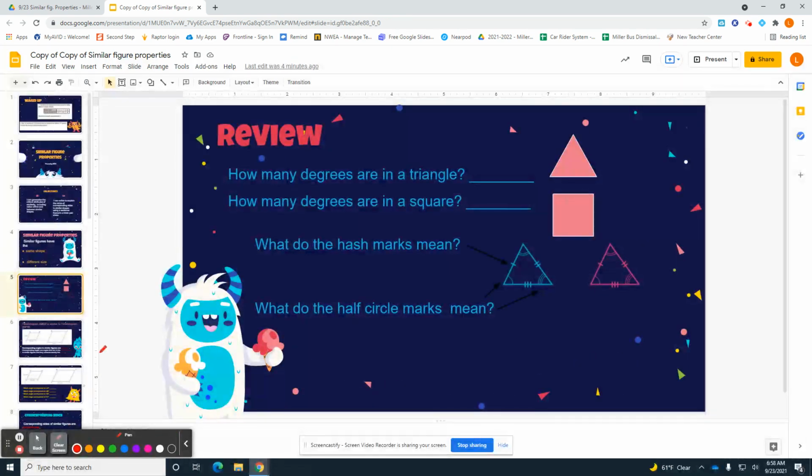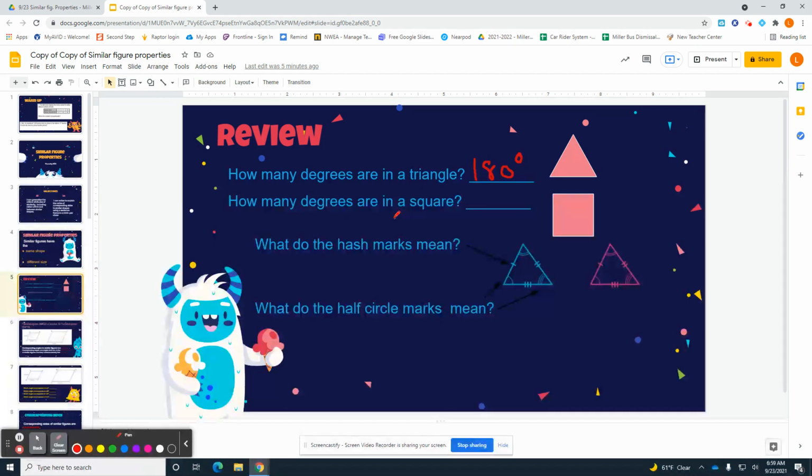Here's how many degrees are in a triangle. This is just a refresher from previous years. You should know how many degrees are in a triangle. I'm going to give you a little bit of time to think about that. So how many degrees are there in a triangle? Correct. If you said 180 degrees, you are absolutely correct. So how many degrees are in a square?